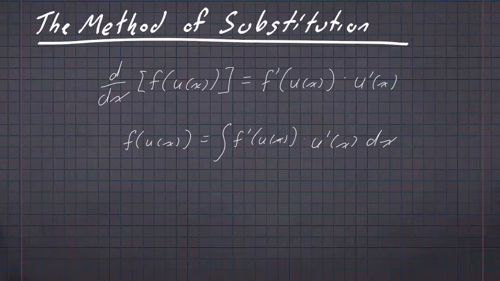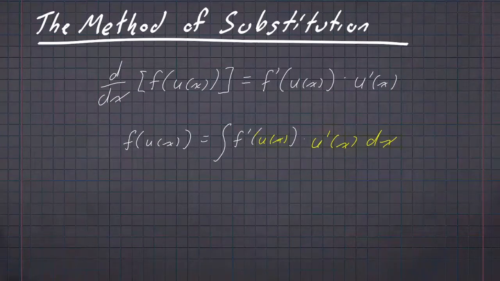And the interesting thing we can do with this substitution is look at the right-hand side. We have a u of x here, and then we have u prime of x dx. Thinking about the way that differentials work, dx is a small movement in the x direction.